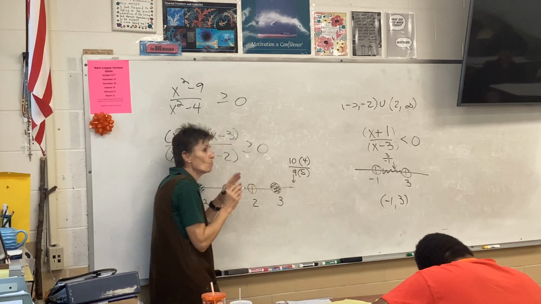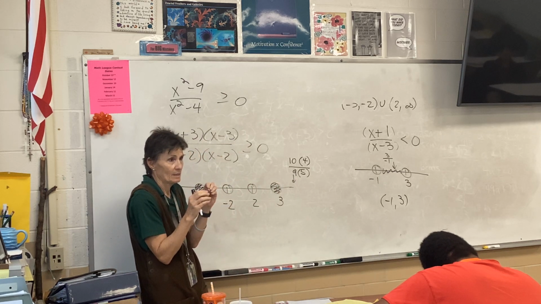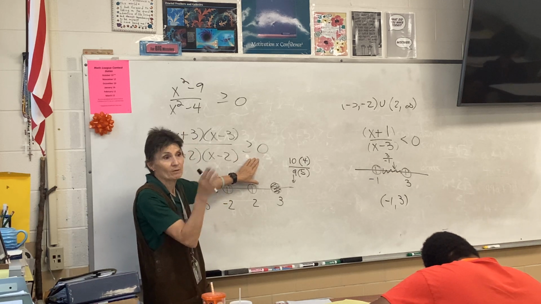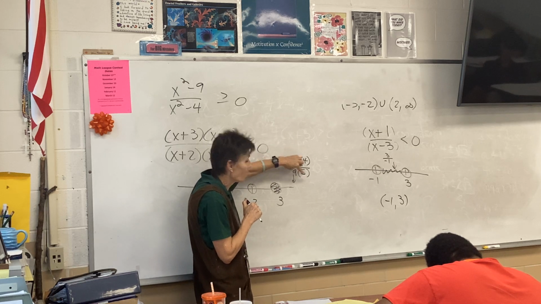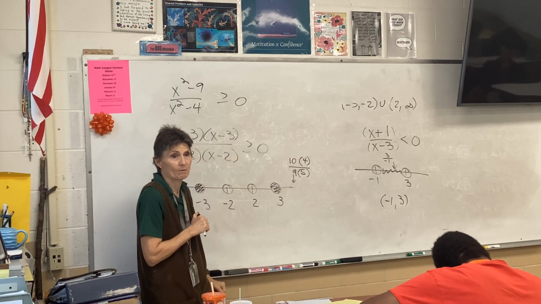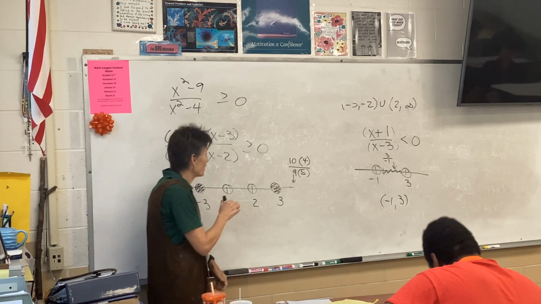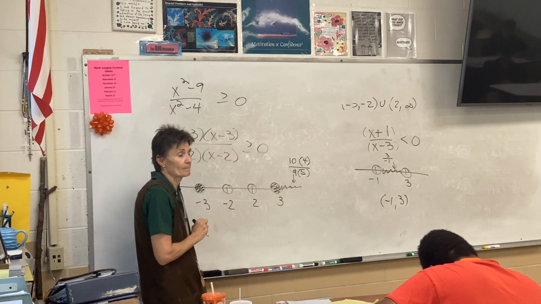Now I don't want you to get all hung up about what that equals. What do I really want to know? Is it bigger than 0 or not? Looking at these numbers, 10, 4, 9, 5, is that going to be bigger than 0? Yes, because it's positive. So that means out here where 7 is, I'm going to shade.